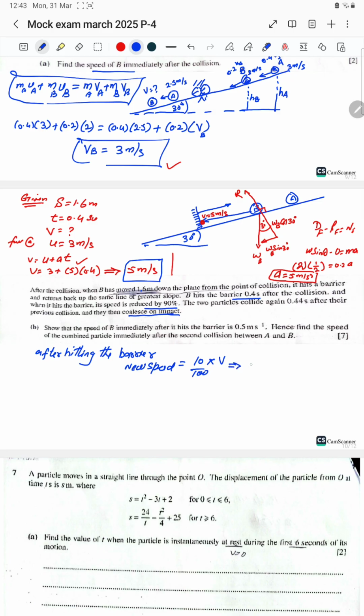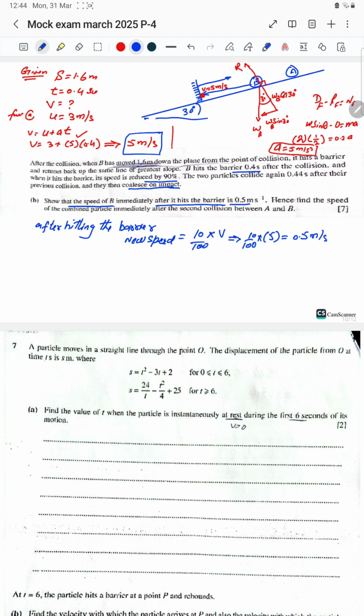So I can say 10 by 100 times v, which was 5, is 0.5 meter per second, with which it returns after hitting the barrier. New speed when it returns is 0.5 meter per second. We have to show that the speed of B immediately after it hits the barrier is 0.5. We have proved this, right?